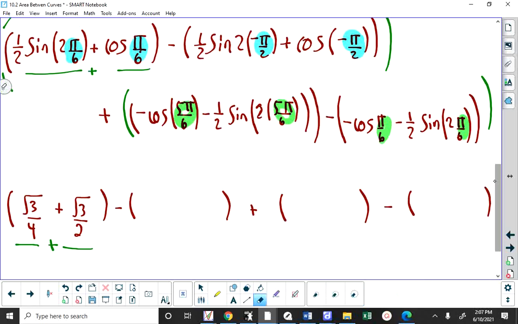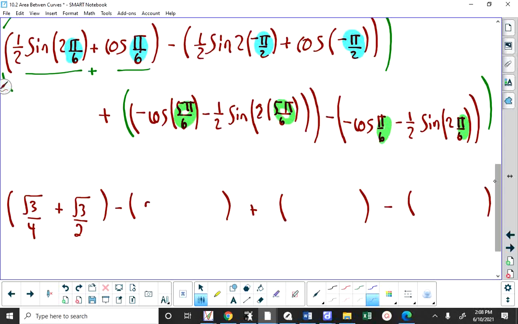Good. And you're looking at your unit circle here. So, if I were writing an exam, I would be looking at the unit circle too. I wouldn't be trying to visualize it in my head. 2 times negative pi over 2 is negative pi. Oh, good. Negative pi takes me here. Sine is 0.